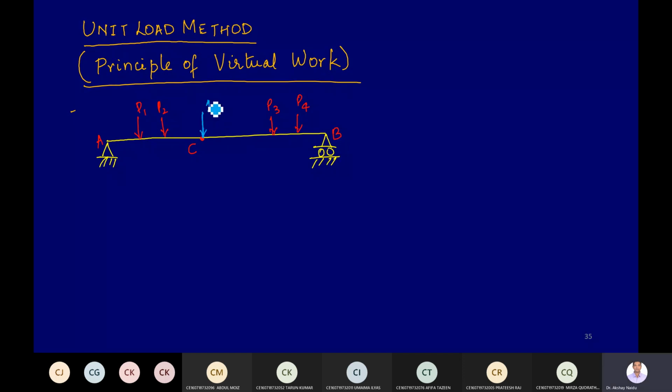This is the unit load. In the principle of virtual work, we will take this as some P, and later we'll assign P equal to 1. But this is a dummy load.